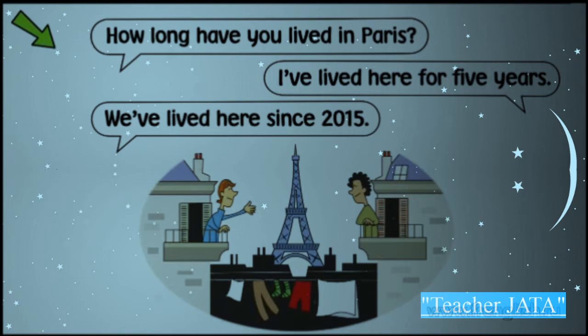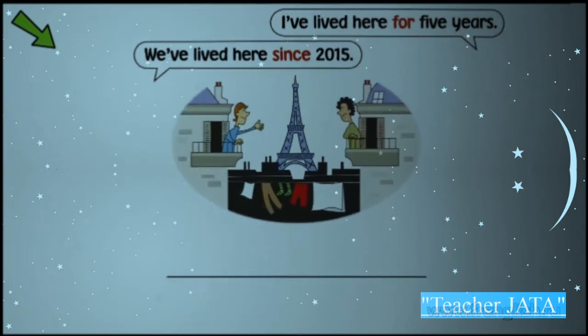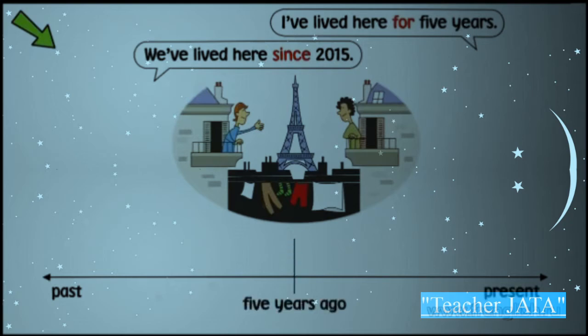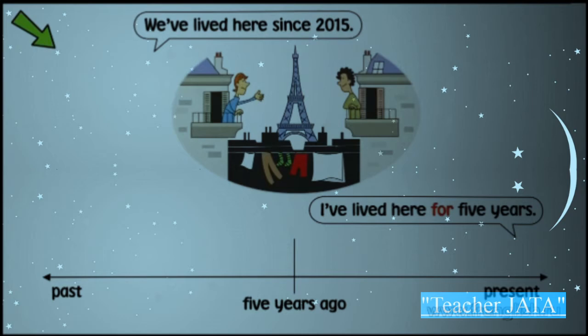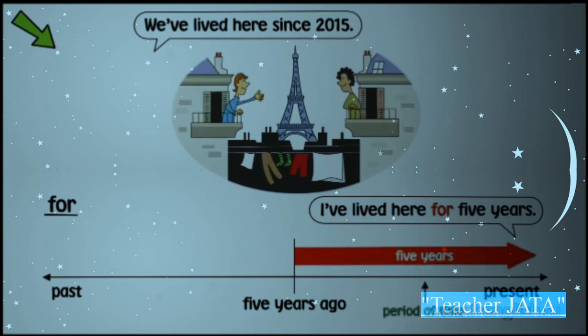We use the present perfect with for and since to talk about situations and events in a period of time from the past until now. We use for to talk about the period of time up to the present.